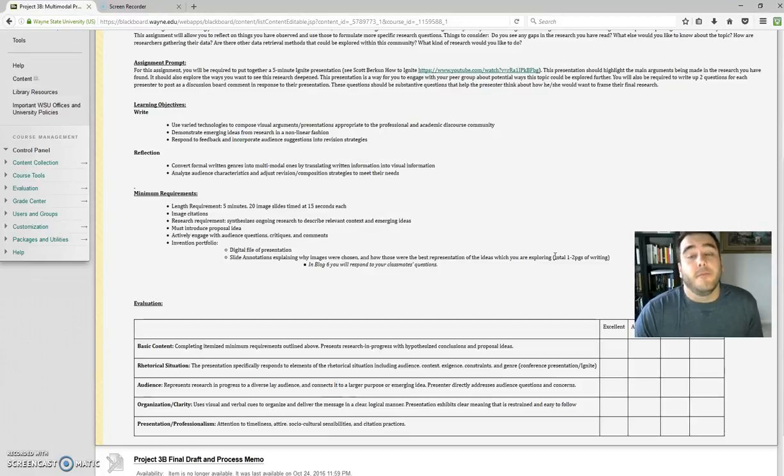Again, it's very reflective. It doesn't have to be extremely well polished and organized. All I'm looking for is that reflective moment from you saying, look, I chose this one picture because I thought it worked really well, or I thought it was funny, I thought it would get my audience's attention, or I chose this one graph because this is the one that stuck out to me when I was researching.